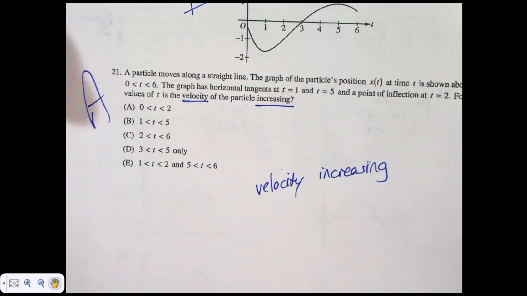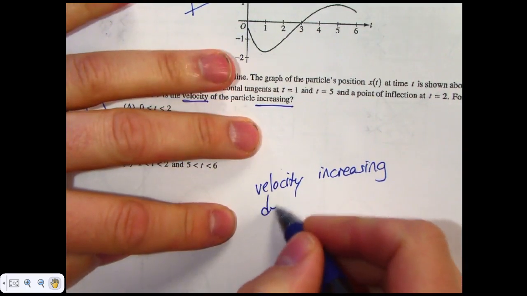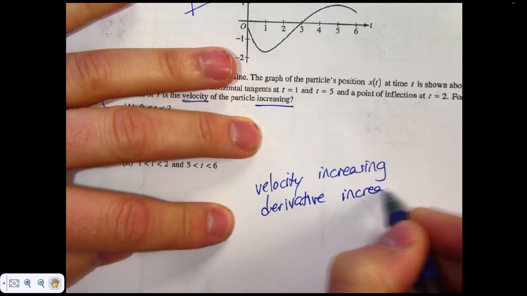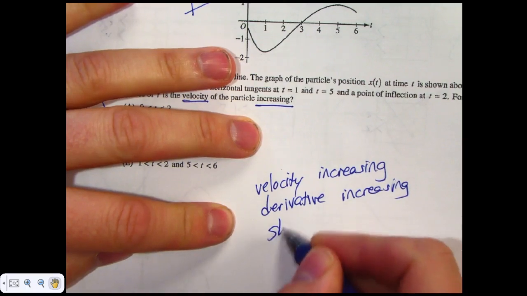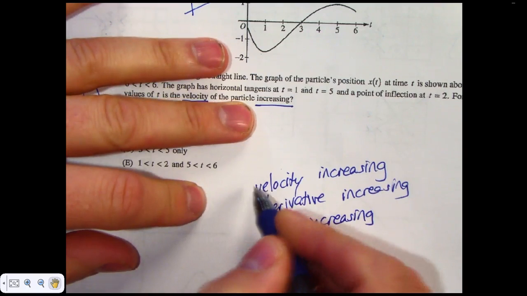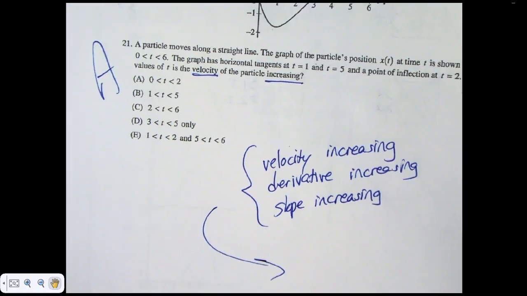The derivative, or it's the same as slope, right? So couldn't I say that means the derivative is increasing? Or the slope is increasing. And so all those three things mean the same thing, and they all mean what?